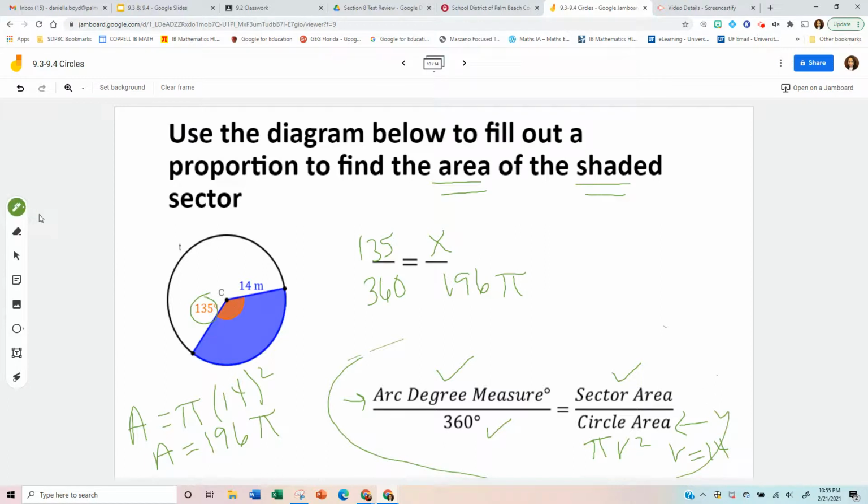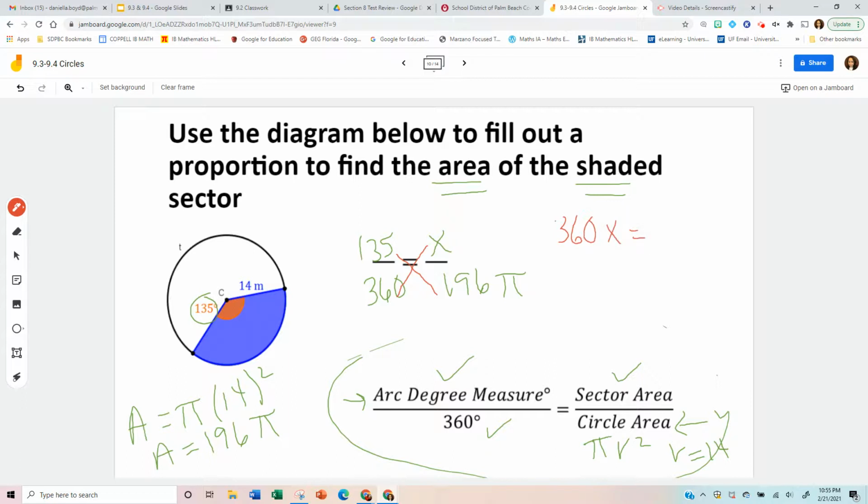Okay, here we go. From this point, once you have your proportions filled out, I don't know if you remember this from Algebra 1, but you cross multiply. So I'm going to multiply these two together, and then I'm going to multiply these two together. That's something that you did in Algebra 1 when you created proportions. So 360 times x is just 360x.